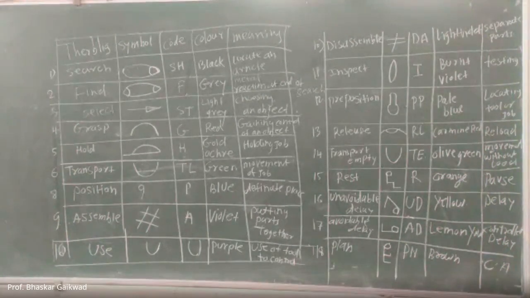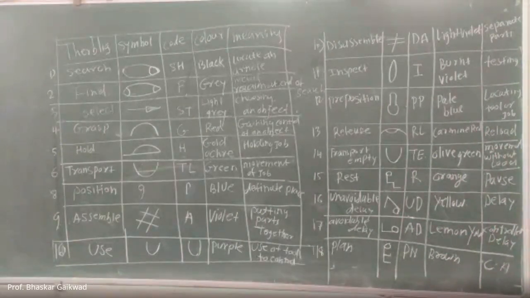Grasp. With the help of fingers we can grasp. The grasp symbol is given, and it is denoted by code G. The color is red, and it means gaining control of an object. Why are we grasping any part? Grasping means we have to gain control over the object.